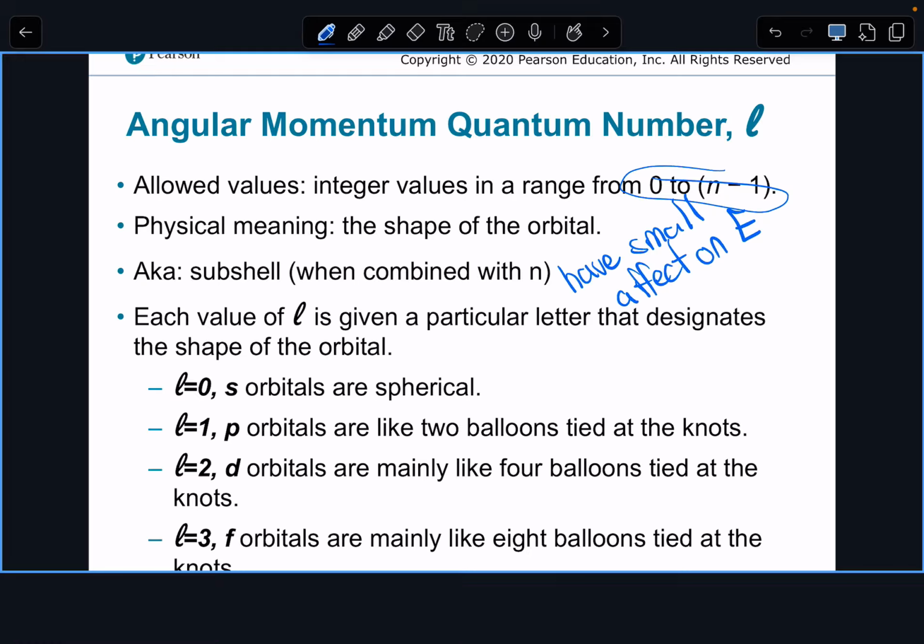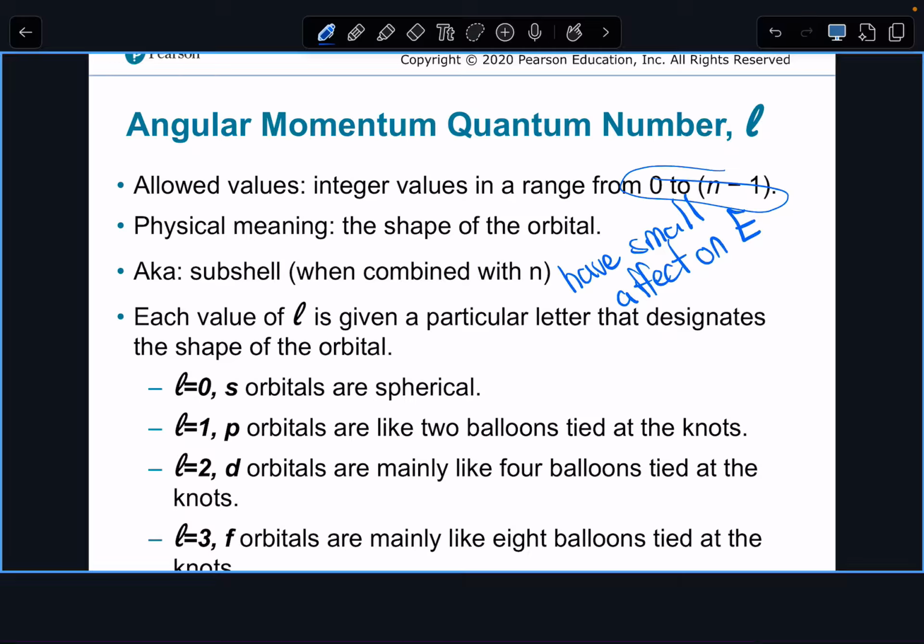I'm going to add to this subshell, because there are actually 3 orbitals there. Shouldn't be that surprising because when we looked at the picture, we saw 3 of them. We're going to explain why in a second. But all 3 of them actually have an L value of 1. So all 3 of those would be considered the 2p subshell. 2 because it's n equals 2, p because the L is equal to 1.